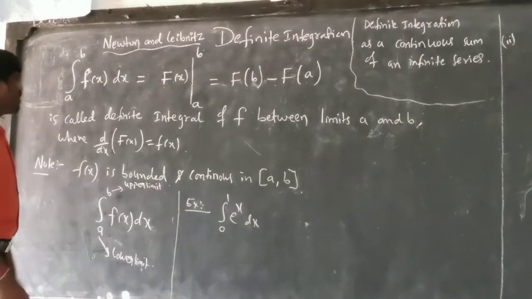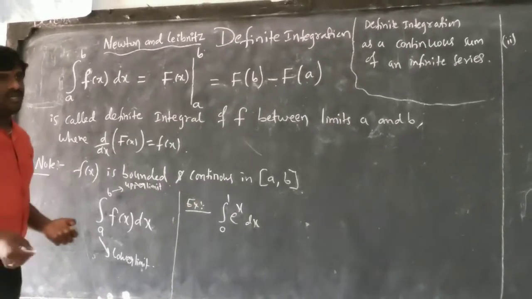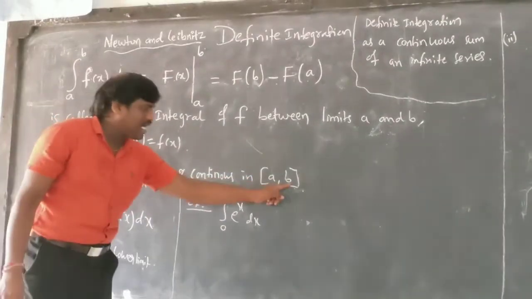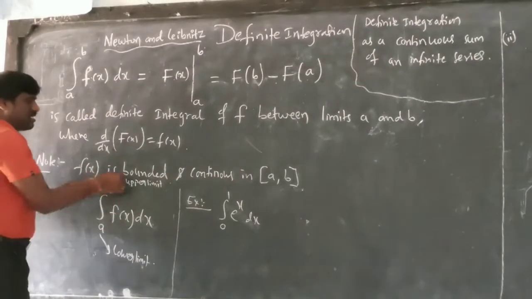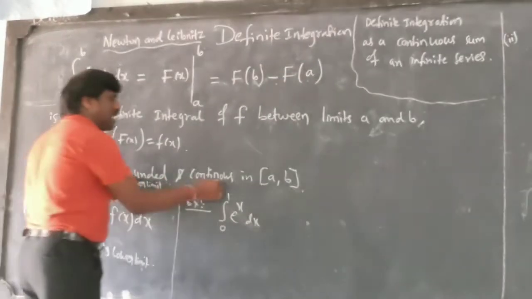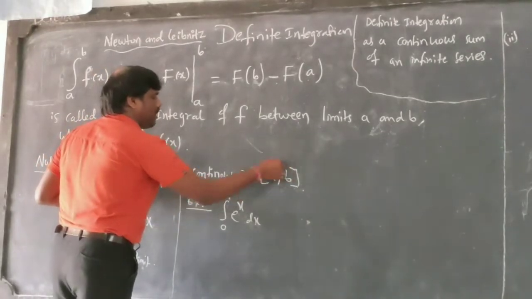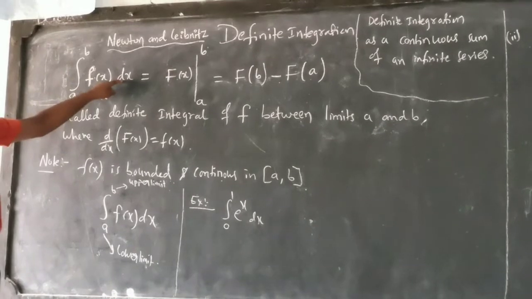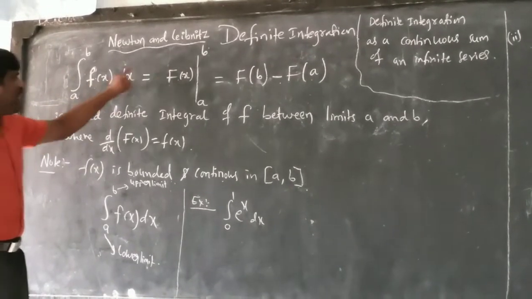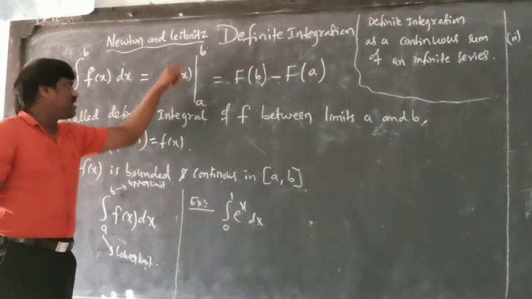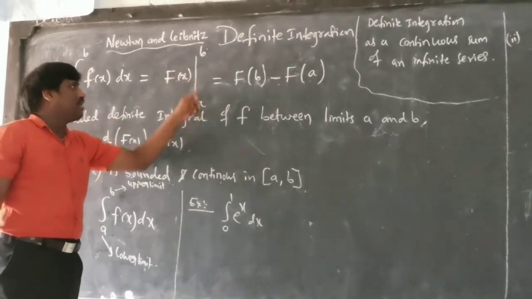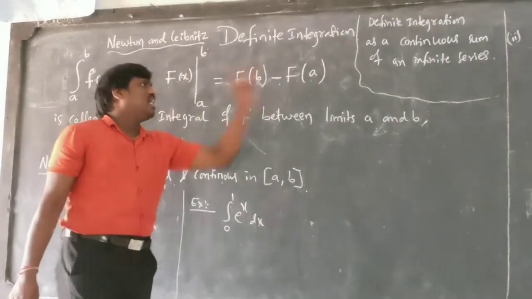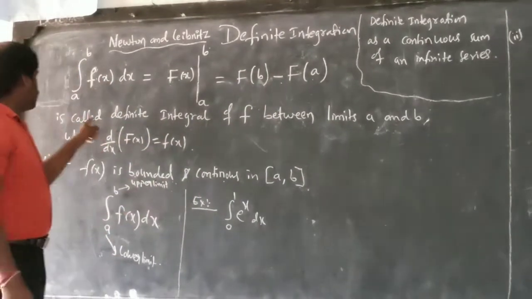So what is this here? f of x is a function which is bounded and continuous in the closed interval a comma b. Then the integration from a to b of f of x dx can be written as F of x from a to b. If I substitute b here, F of b, minus, if I substitute a here, F of a, is the solution.